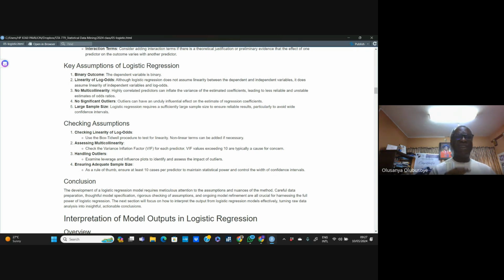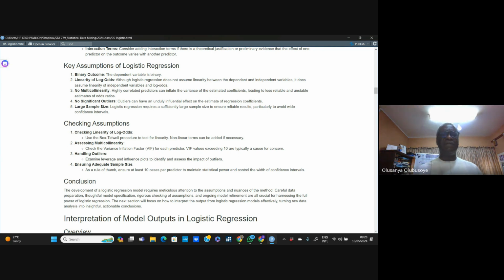Then assess the multicollinearity. You can use the variance inflation factor to check each predictor. Once the VIF exceeds 10, then there might be a need for concern.